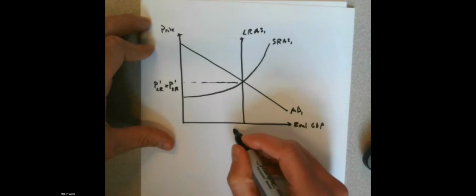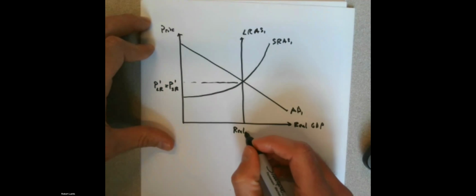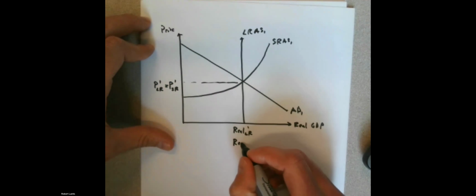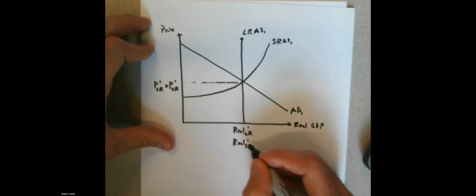So this is going to be my long run initial price, my short run initial price, my real GDP in the long run, and my real GDP initially in the short run. Okay. So we're starting out in equilibrium. And now instead of an aggregate demand change, we're going to see a supply shock.